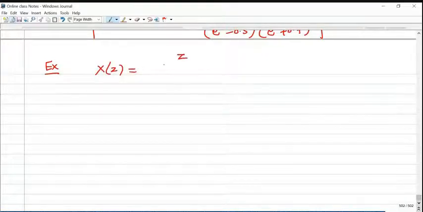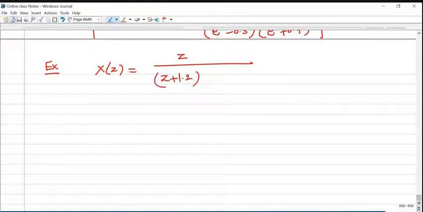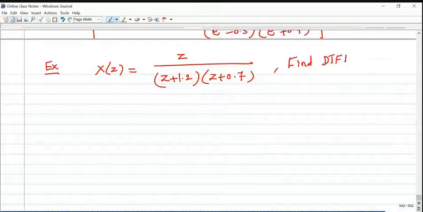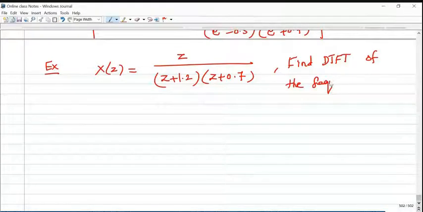X(z) equals z divided by (z plus 1.2)(z plus 0.7). Find the DTFT of the sequence.